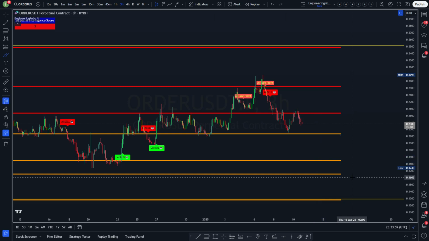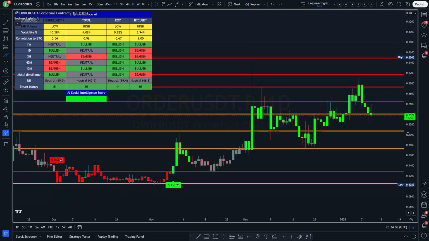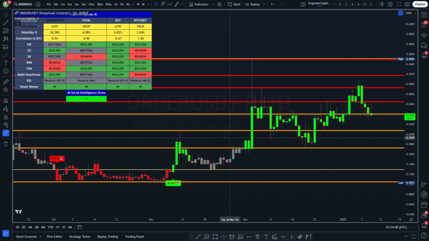Let's now move over to the daily so that we can see what's happening on the bigger time frame, and I'll quickly summarize what the indicator is telling us in terms of where we are. On a bigger time scale, we are bullish with a positive 4 score. So there is chatter.